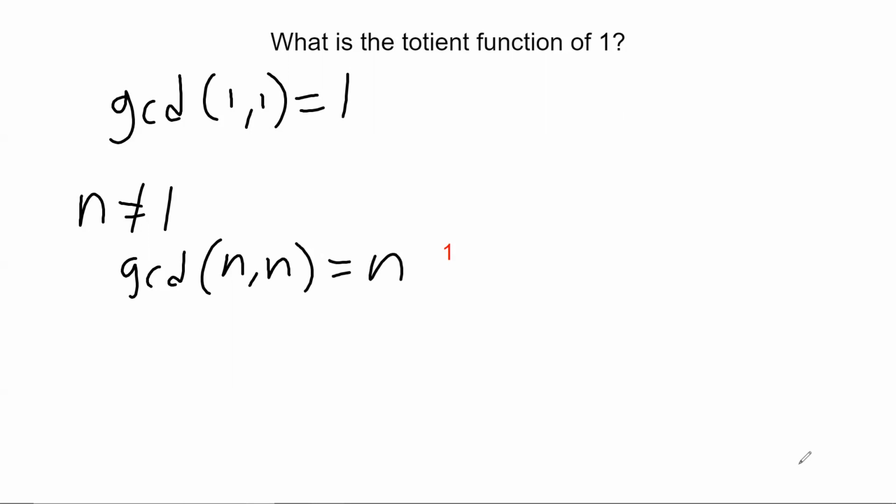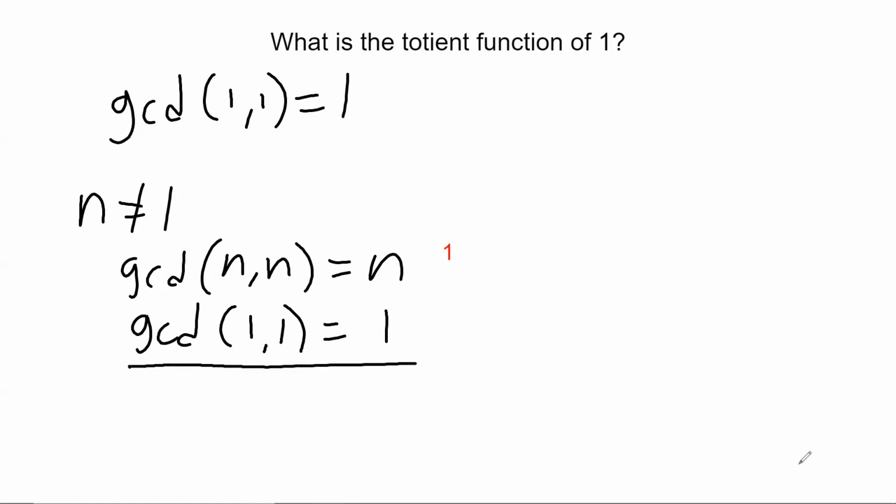And since n is usually not 1, we never include n in our count of the Totient function numbers. But since n in this case is 1, the GCD of 1 comma 1 is equal to 1. And since technically they share no common factors, we include 1 in our count of the Totient function.